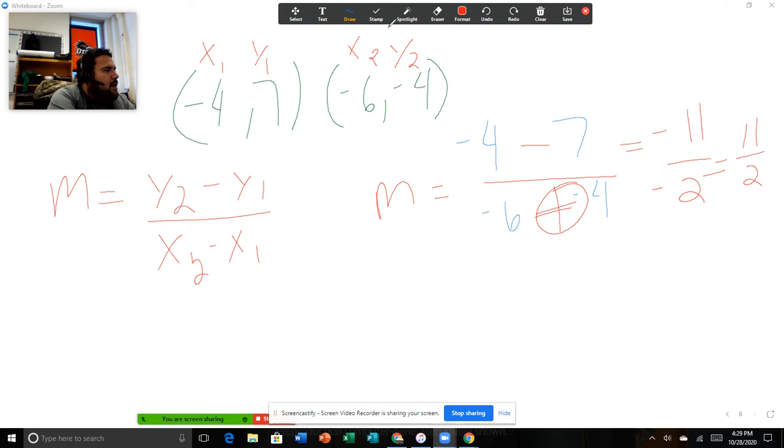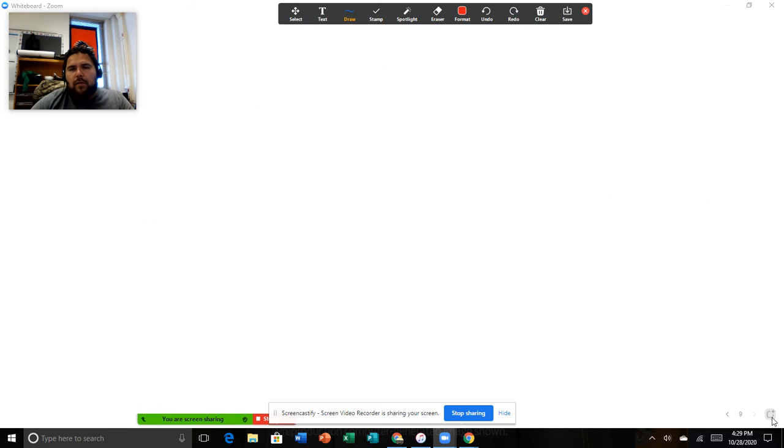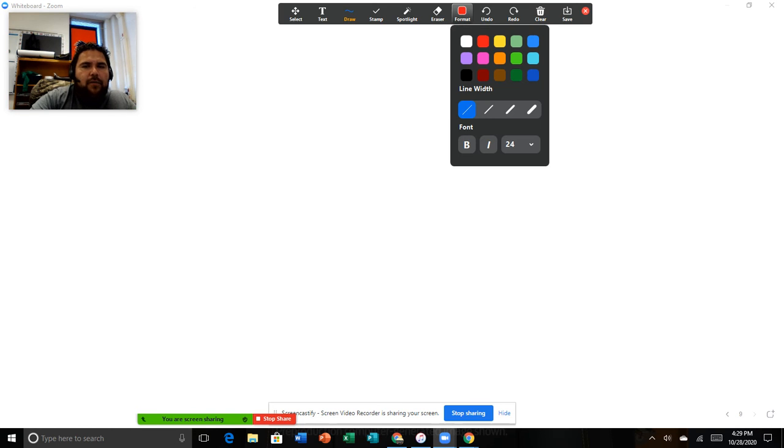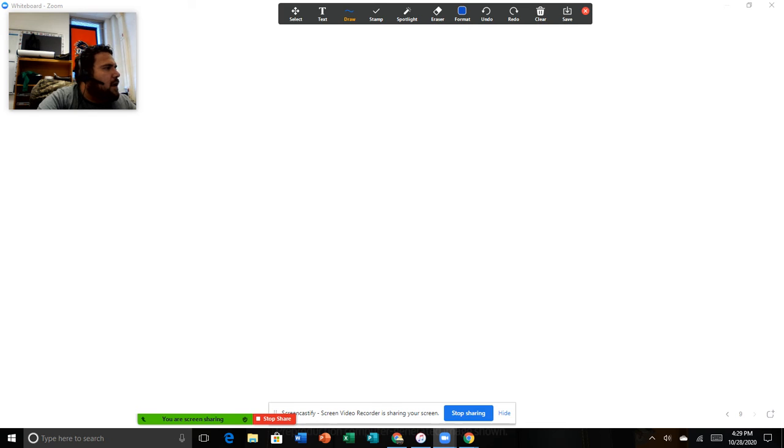Let's say that we're looking for specific slopes. We're looking for parallel slopes, or for perpendicular lines, which is opposite reciprocal. So we have these sets of points. Let's call this line A. Line A goes through the points (2, 4) and (4, 5).